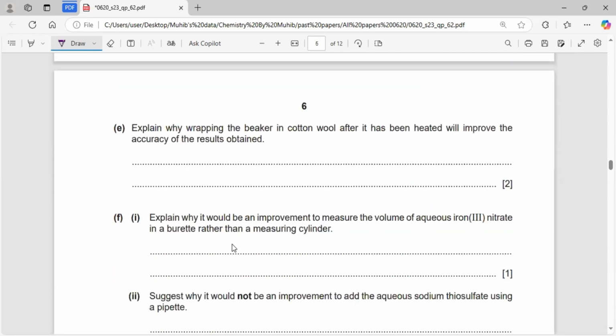So the next question is, explain why wrapping the beaker in cotton wool after it has been heated will improve the accuracy of the results obtained. Why? Because remember, cotton wool can act as an insulator, right? What do you mean by insulator? To protect the heat or to reduce the heat loss from the beaker.